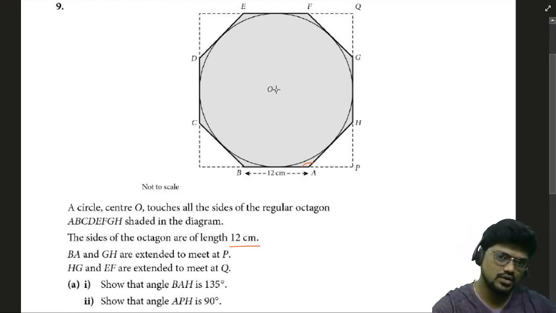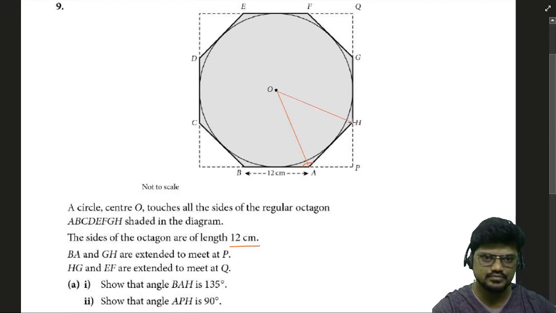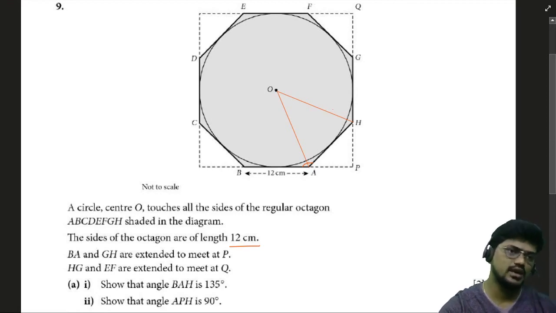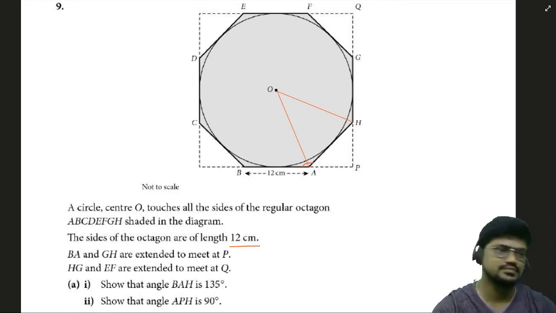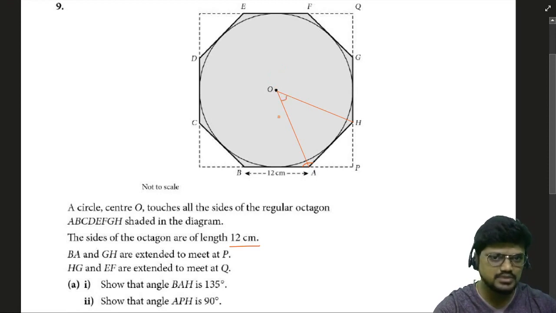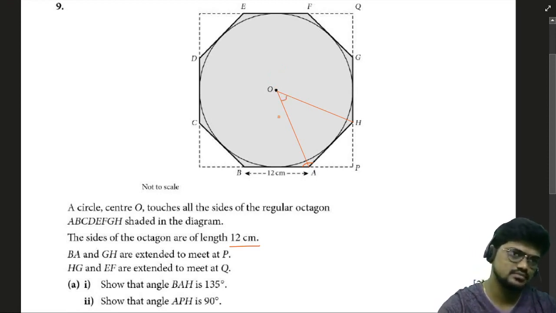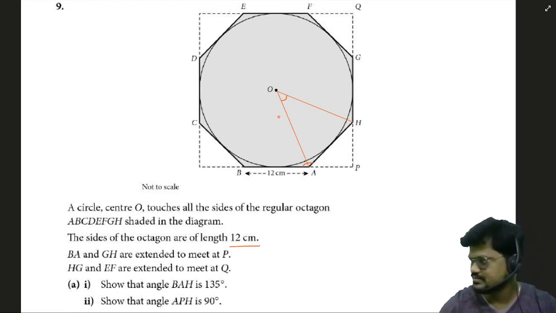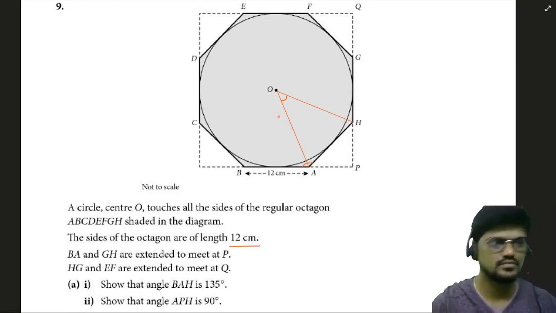If I draw lines over here, the center angle has been divided into 8 parts. So each angle will be how much? How will you find it? 45 degrees. How 45? 360 divided by 8.